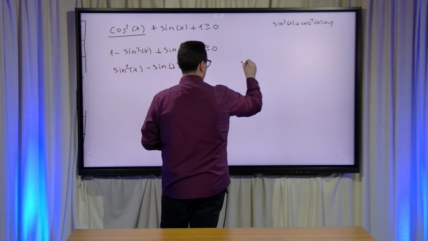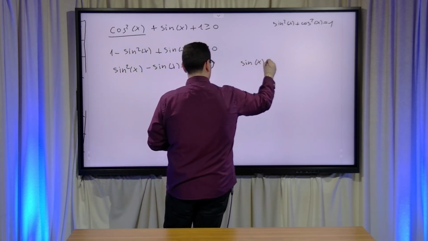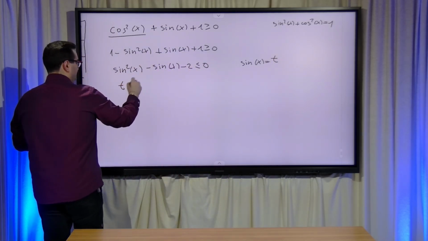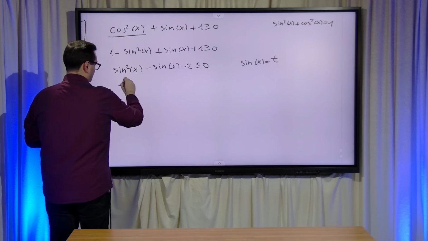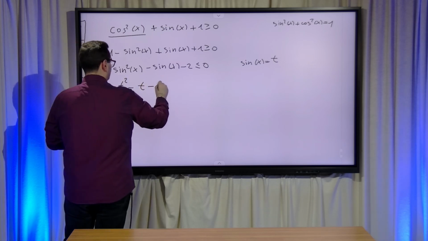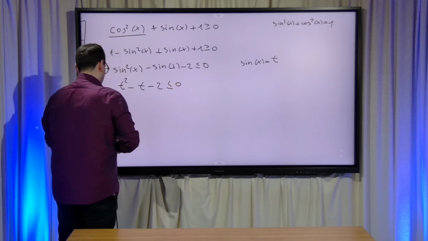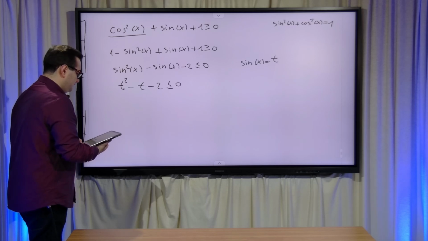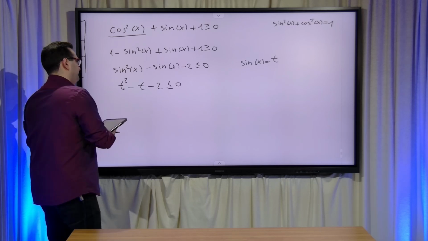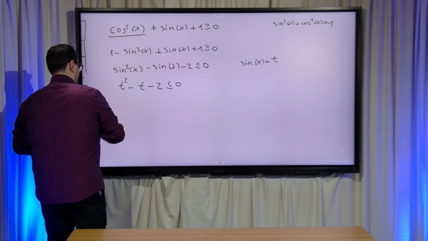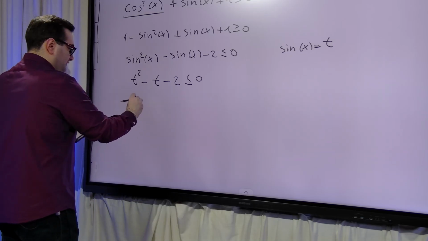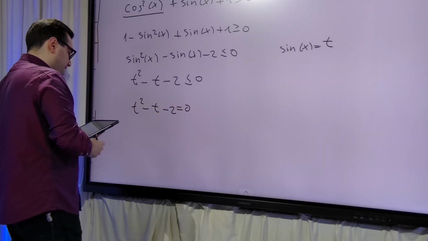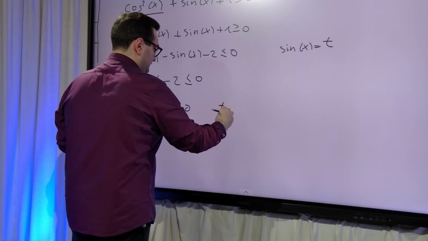Again, I can do this substitution, and I get t squared minus t minus 2 less than or equal to 0. From this one, I consider the associated equation, so t squared minus t minus 2 equals 0. I get t1, t2.